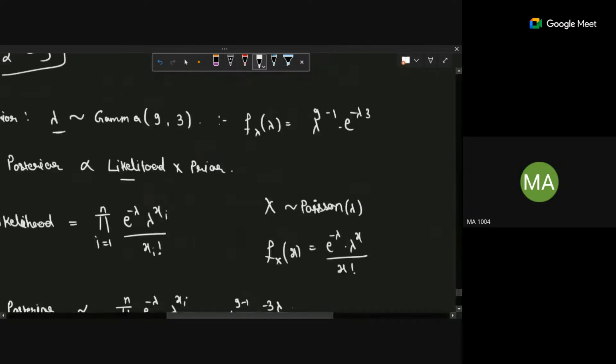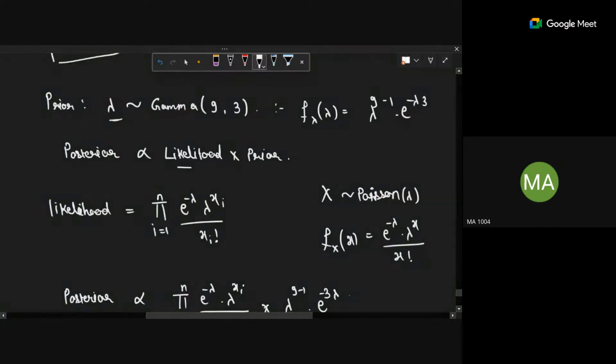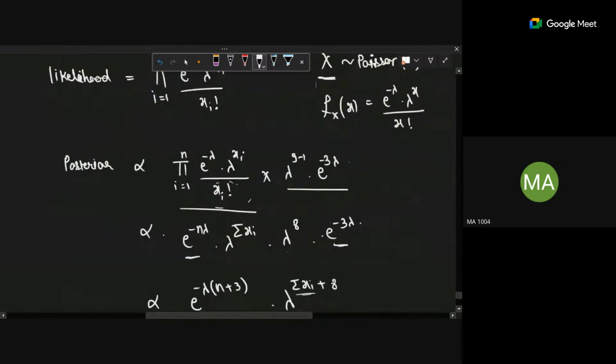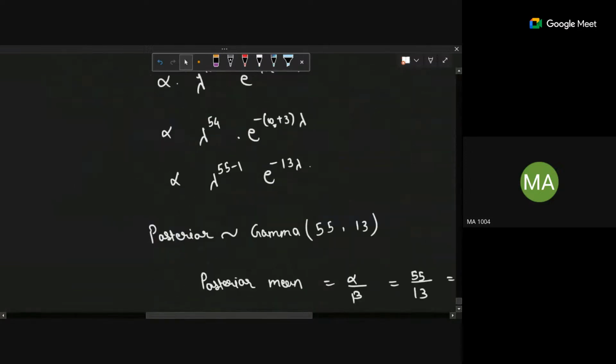So what we did here: it was given that the xi's are a random sample following Poisson distribution, and so their likelihood will be the multiplication of all these 10 random samples, just the product of all these PDFs. Also it was given that the prior distribution is gamma with alpha value as 9 and beta as 3. So I just multiplied them, and at the end I found that it's following gamma distribution with alpha 55 and beta as 13.